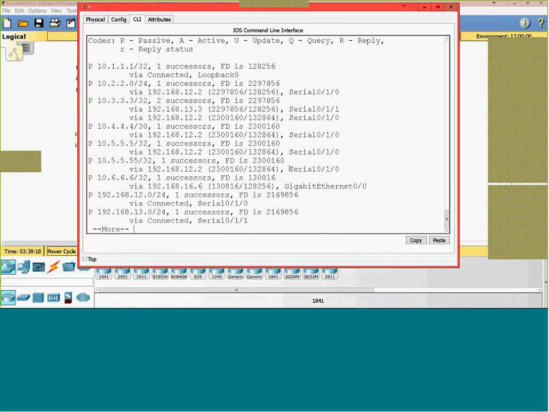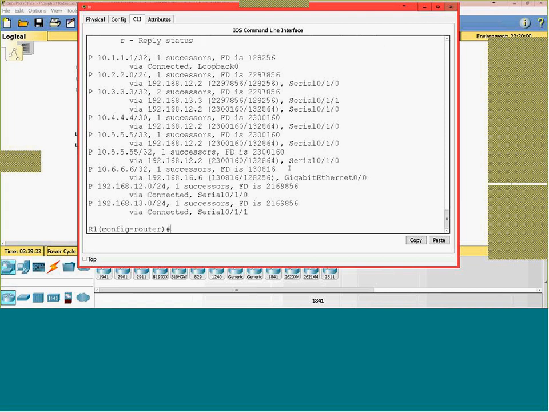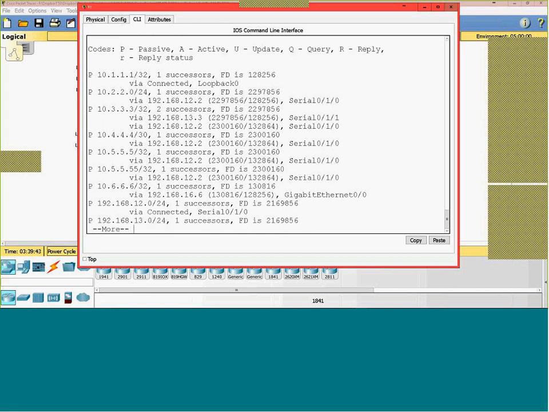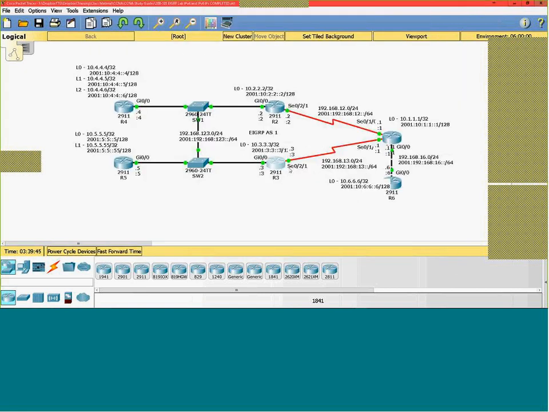Oh, well, something happened. What the heck happened? I only have one successor now. Is it outside the variance? The all-links command doesn't work on this.